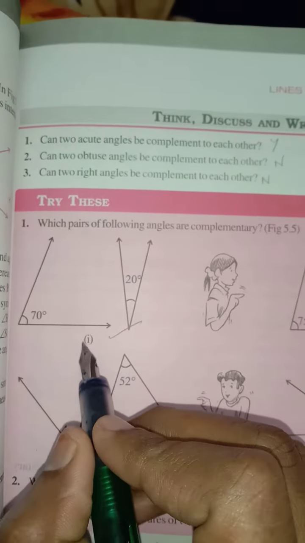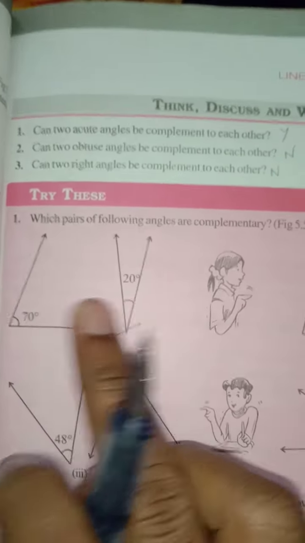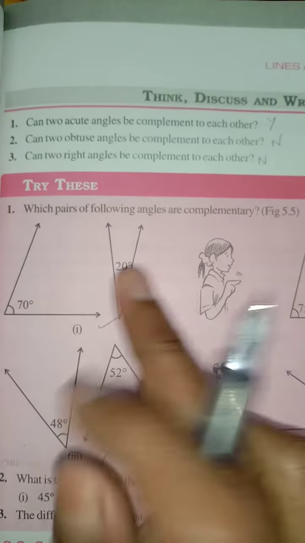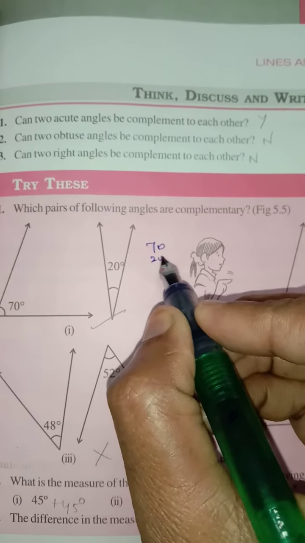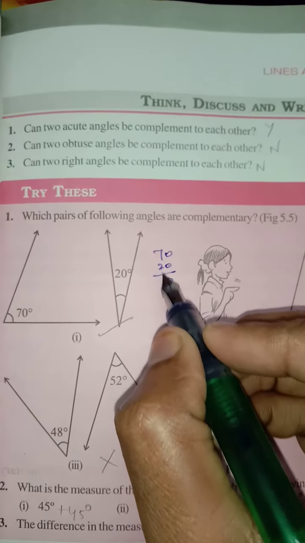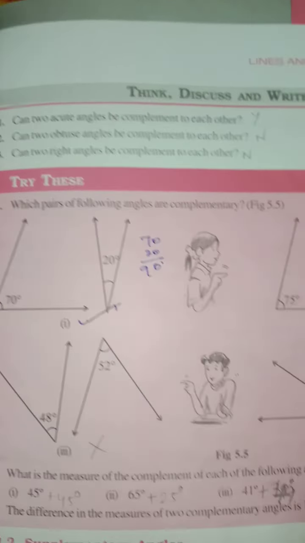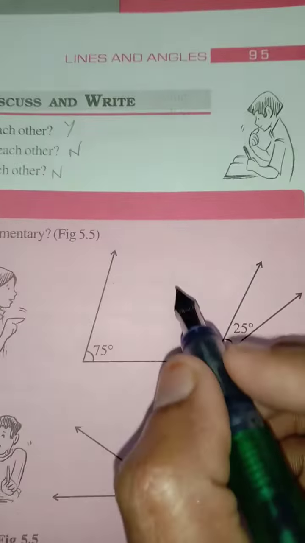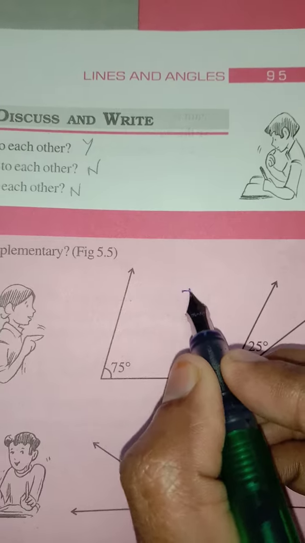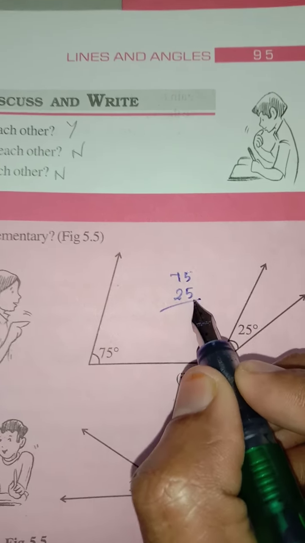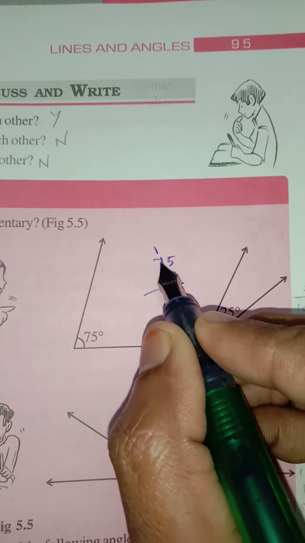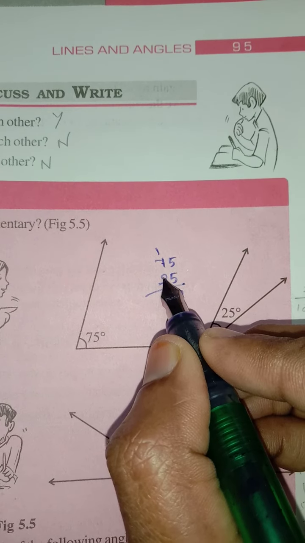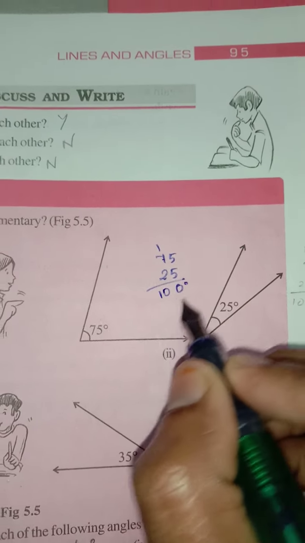Just add, this is the first pair. Add this pair, 70 plus 20: 0 plus 0 is 0, 7 plus 2 is 9. So this is a complementary angle. Next one, 25 plus 75: 5 plus 5 is 0, remainder 1, 7 plus 2 is 9, 9 plus 1 is 10, 100.